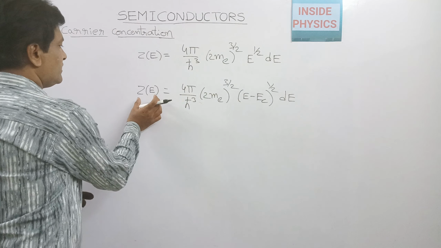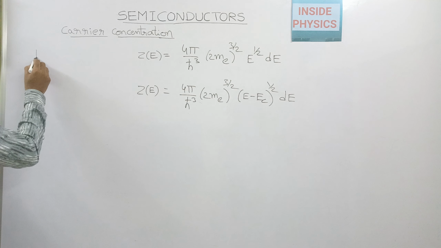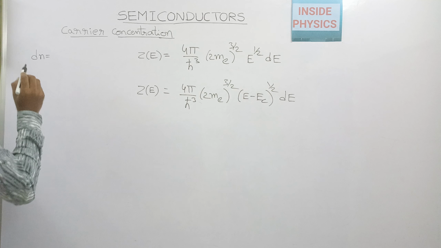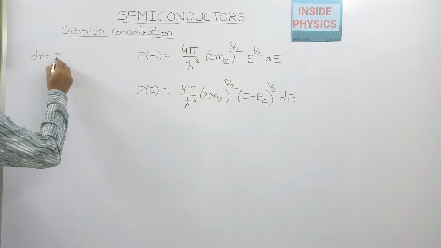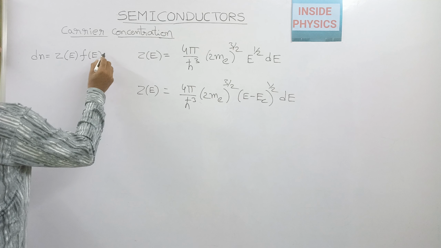So this is Z(E), and I have already written the number of electrons in a small volume of the material, Z(E) f(E) dE.